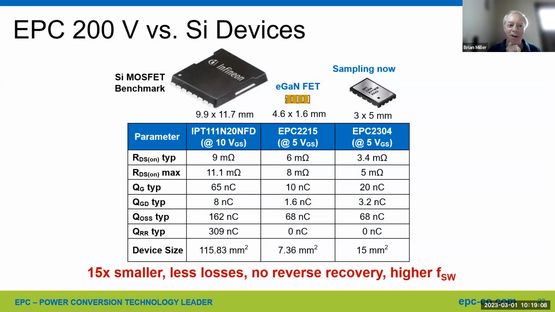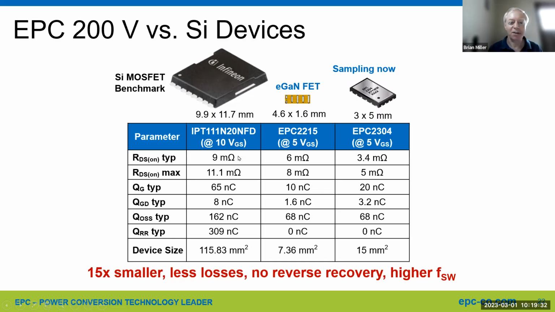Dive in a little bit deeper on 200 volt GaN FETs versus silicon FETs. This is a nice little diagram. These are, we think, a one-to-one actual size comparison, or relative size comparison, I should say. The first one is a 200 volt silicon MOSFET, the next 2 are EPC GaN FETs.